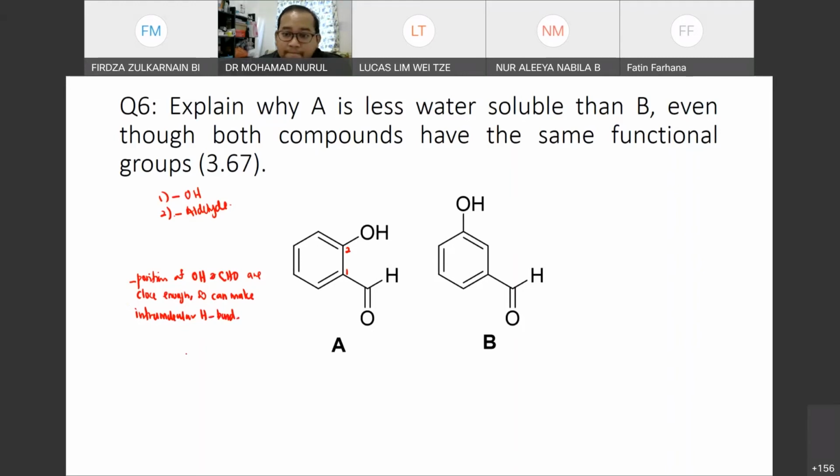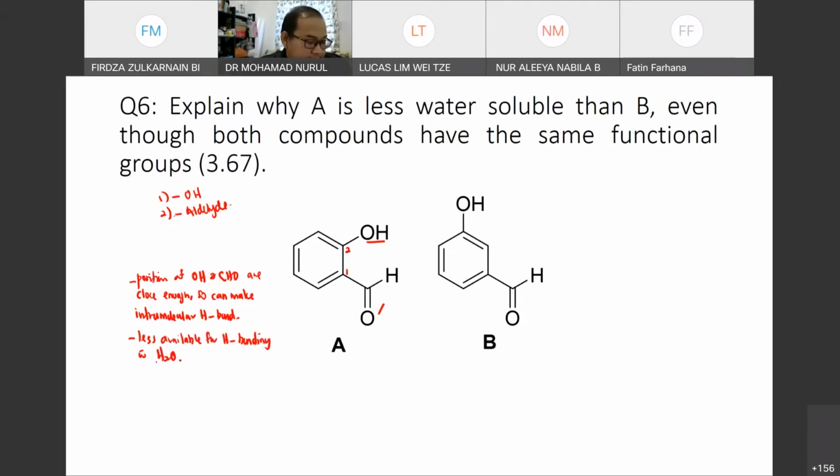And the second one, because the two groups are involved in intramolecular bonding, they are less available for hydrogen bonding with water.